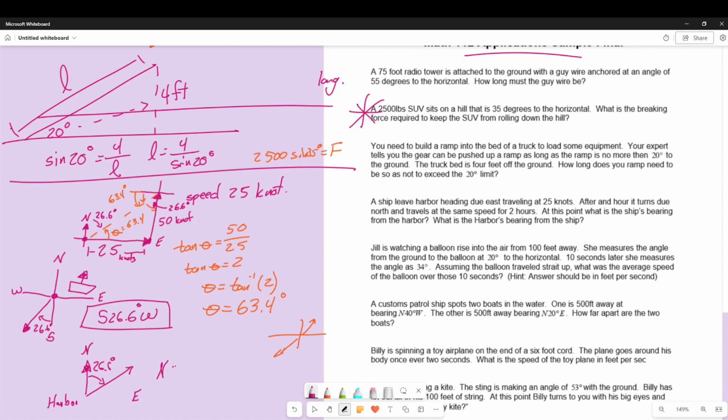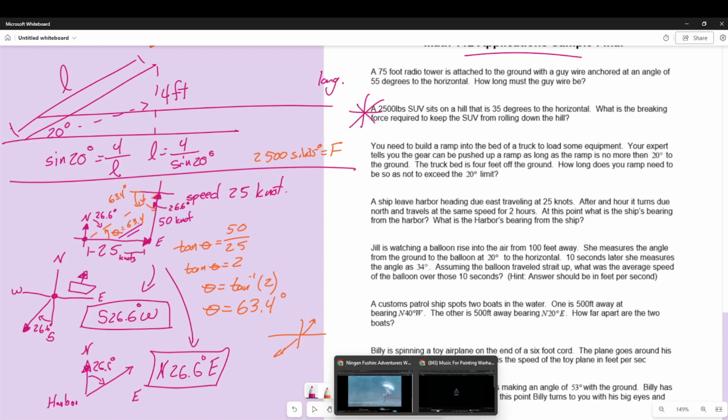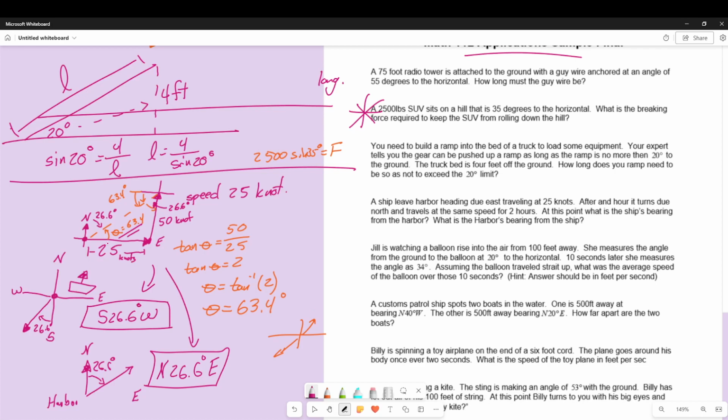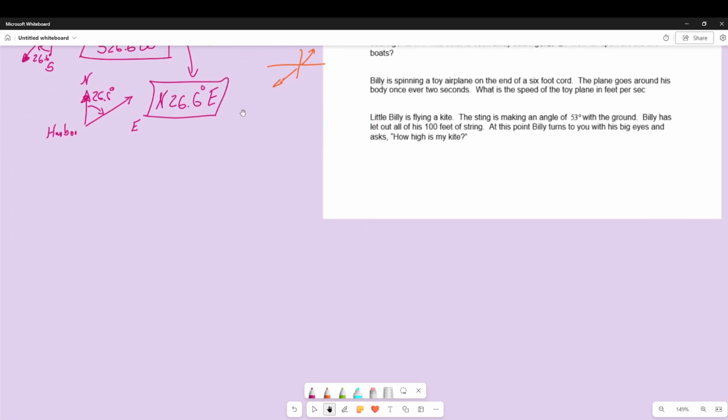So north, 26.6 degrees east. So finding this angle is essentially our basic skills. Being able to translate that into nautical bearings is a little bit of its own skill. That's why we had that in our section on vectors. So we want to make sure we're used to that.